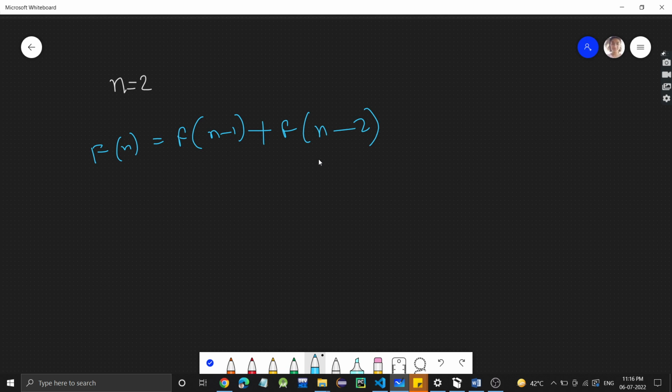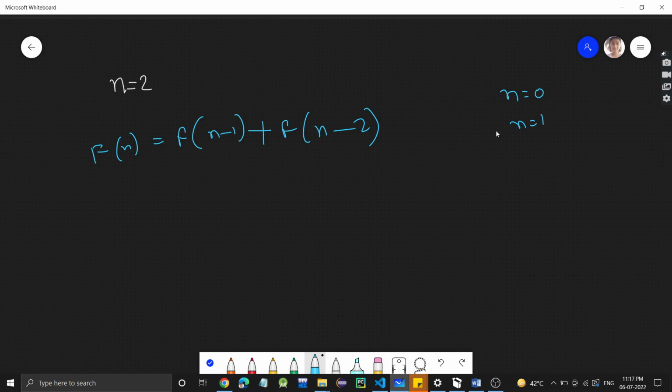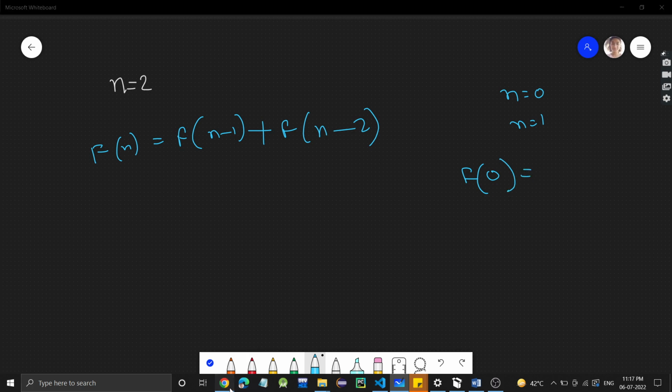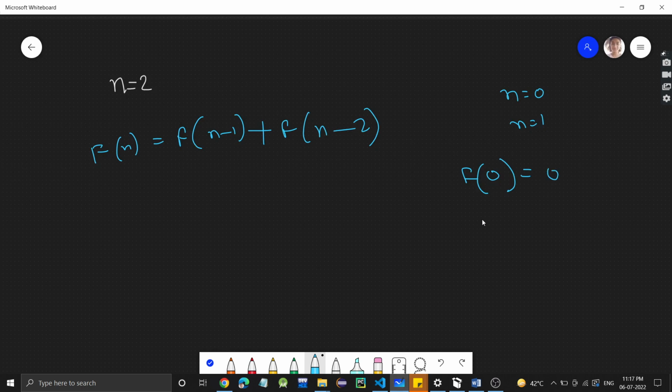Okay. Now for n is equal to 0 and for n is equal to 1, in the problem it's given that for f of 0, where the 0 is n, right? So for f of n, where n is 0, so f of 0, answer is what? 0. And for f of 1, answer is what? 1.